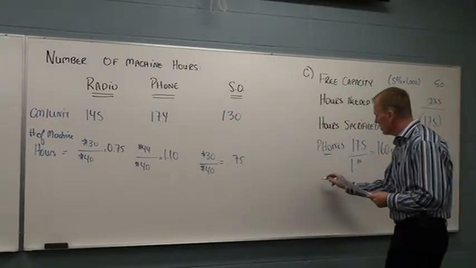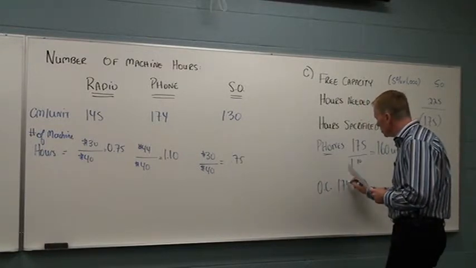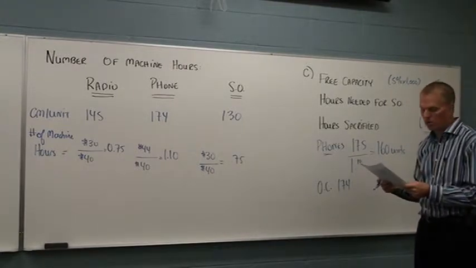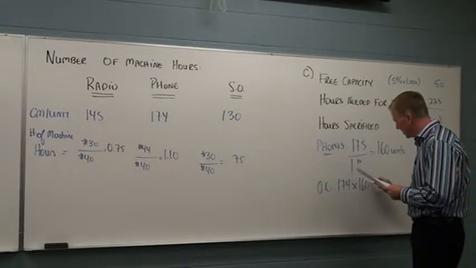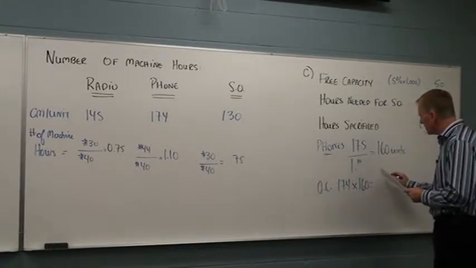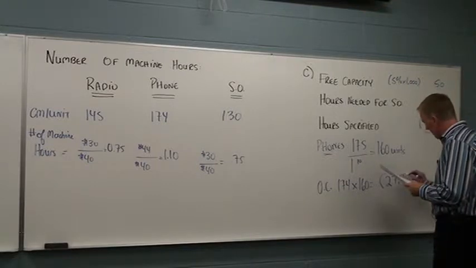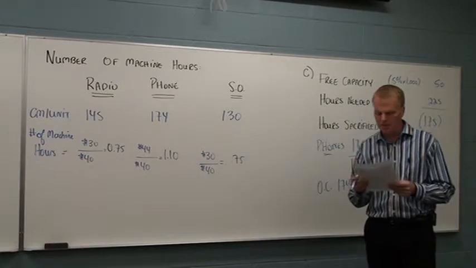Now, what's our opportunity cost? Well, our contribution margin for the phone is $174 per unit. If we are sacrificing 160 units, we are going to have an opportunity cost of $27,840. That is our opportunity cost.